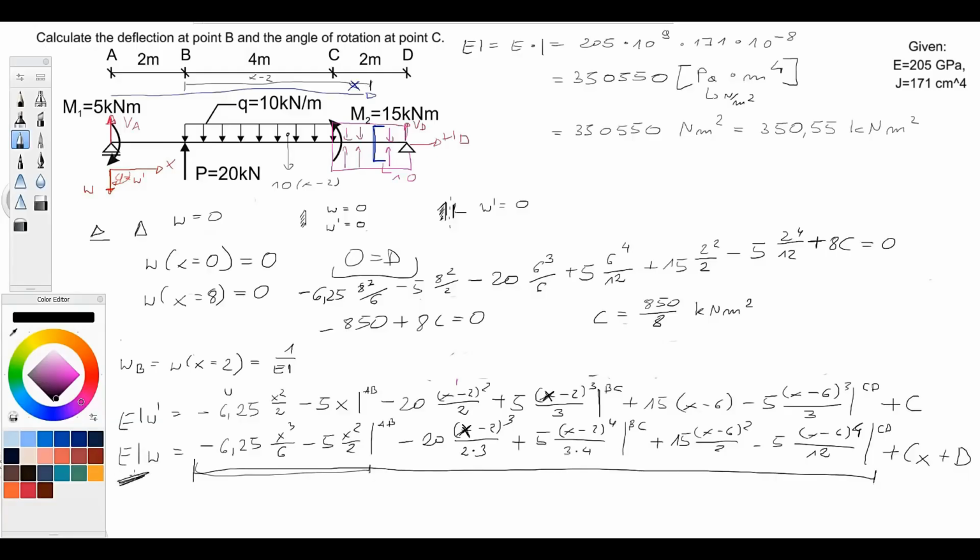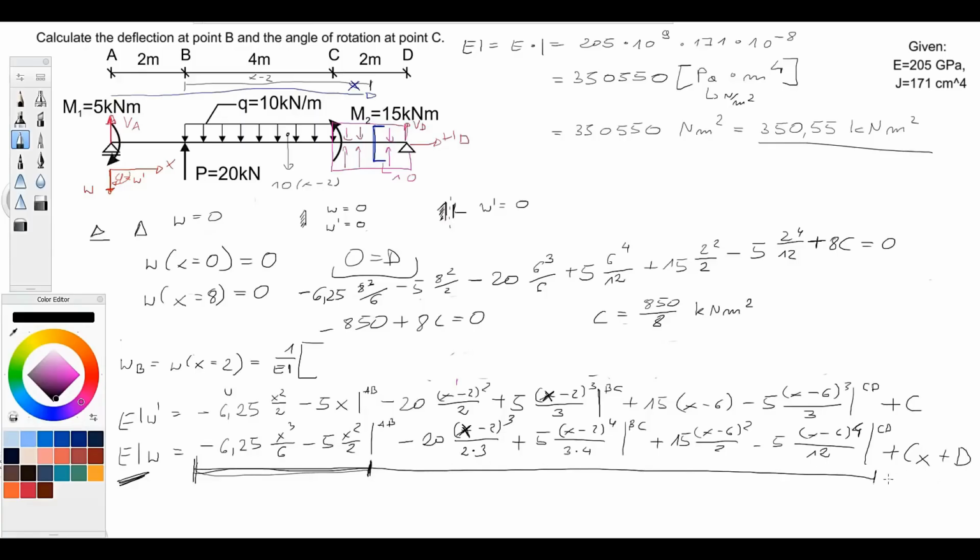We could forget about it when the deflection was equal to 0. But now we must remember that we move this EI to the right side. We have 1 over EI, where EI is the stiffness, which we calculated at the very beginning, and it takes its place in the top right corner. And now we insert it. Point B, as the name suggests, belongs to the interval AB. Therefore, we enter it here.